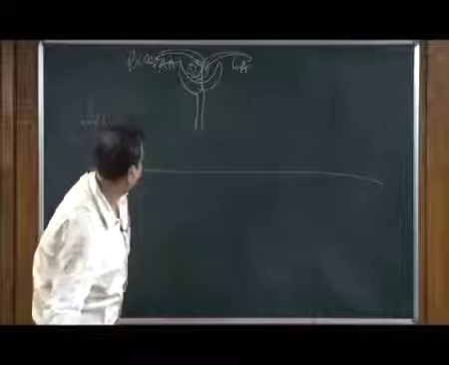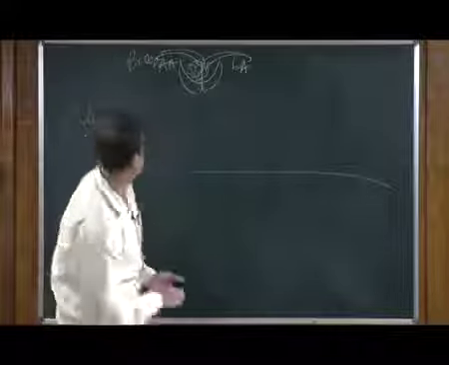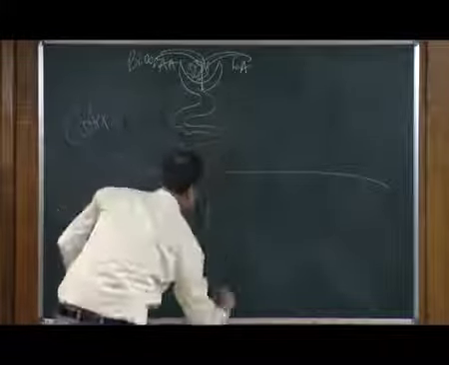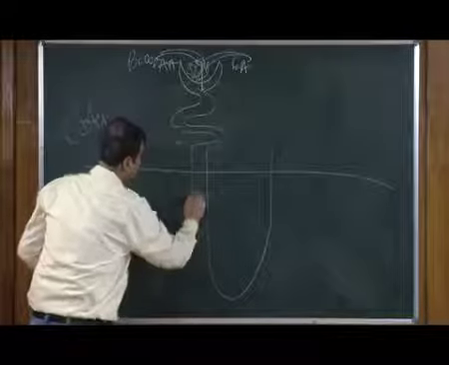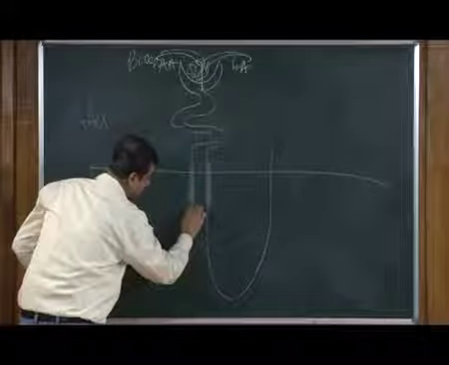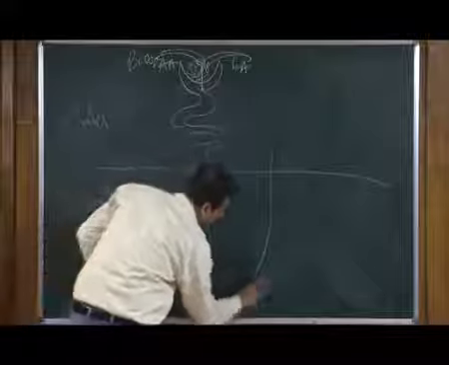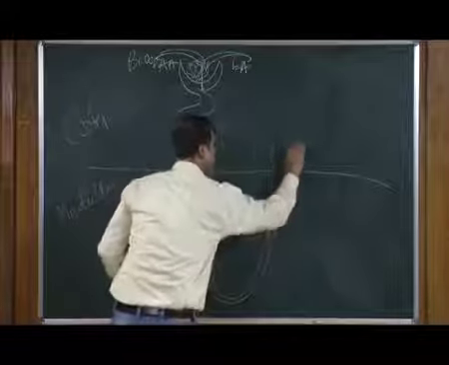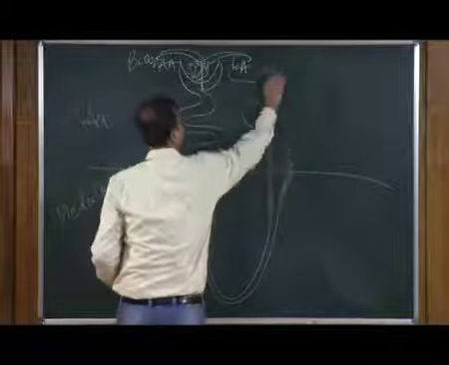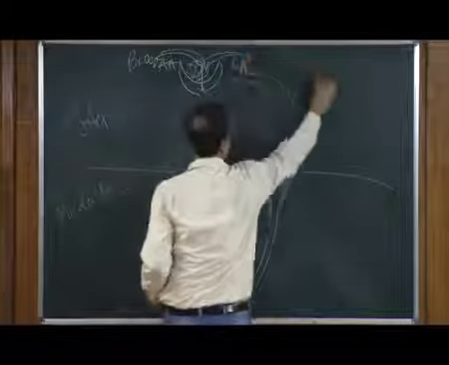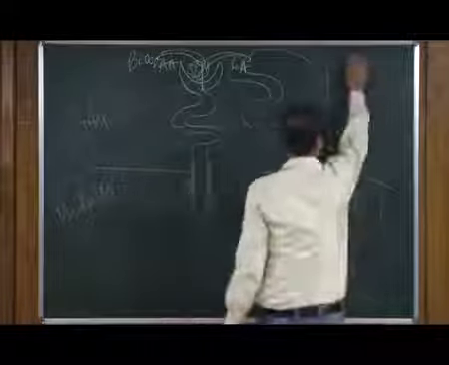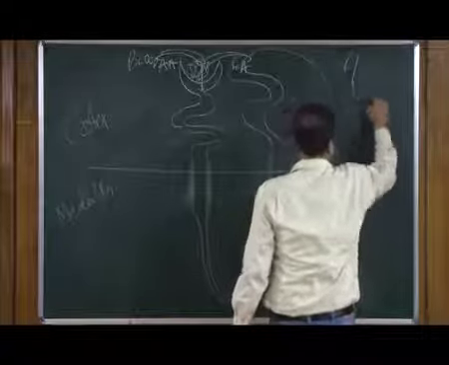What is happening here is that this proximal convoluted tubule is continuing into the Henle's loop. This Henle's loop is a little bit thicker in the upper area in the beginning, and then it is getting tapered, and then in the upper part it again becomes a little bit thicker, and this continues into the distal convoluted tubule, and of course finally we have the collecting duct.